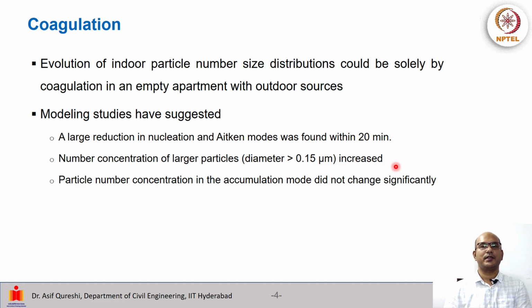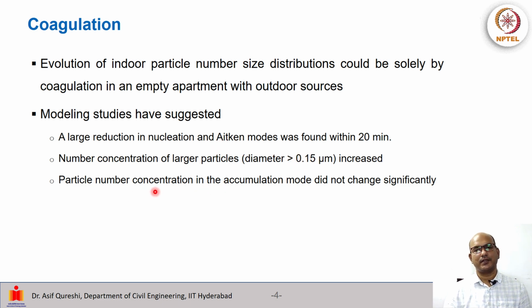So our nucleation mode and Aitken mode particles basically go away and we have more particles of this size. The particle number concentration in the accumulation mode did not change significantly in that case, but we have a large reduction in these particles, and they move more towards 0.15.